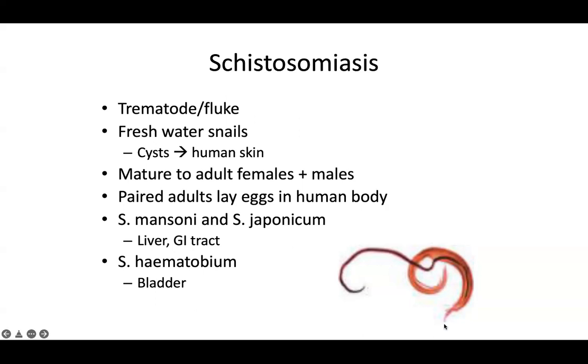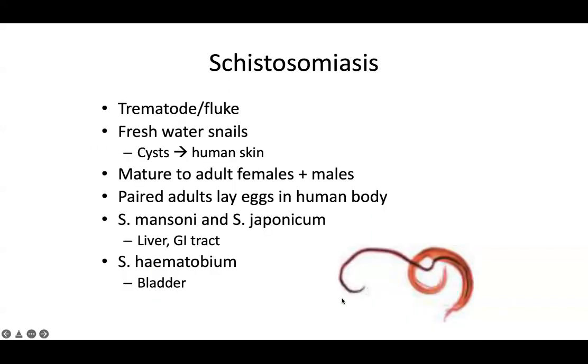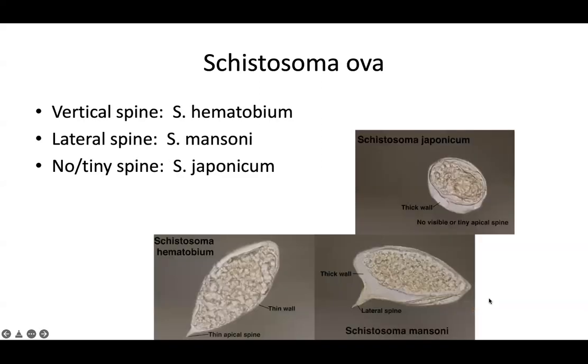You can see the organism here, these worm-like organisms. Now, they can exist in ova, so you can see an elongated trematode fluke. What you'll see with the ova are actually 3 different morphologies. With japonicum, you can see the ova here with no visible or a tiny apical spine and a thick wall.